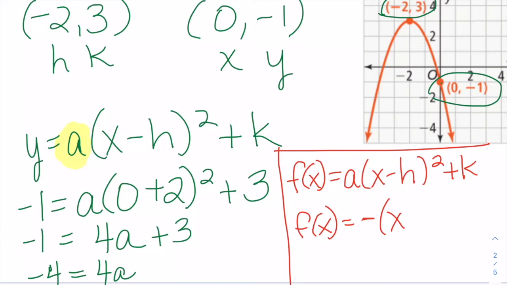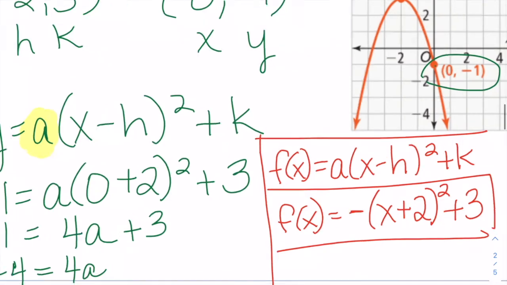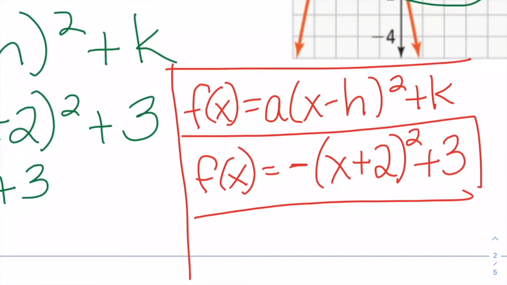Okay, we need to make sure we still have a variable x in the equation. Our vertex was -2, so it's minus a -2, so it ends up being +2. And our k was 3. So our equation would be f of x equals negative (x plus 2) squared plus 3.